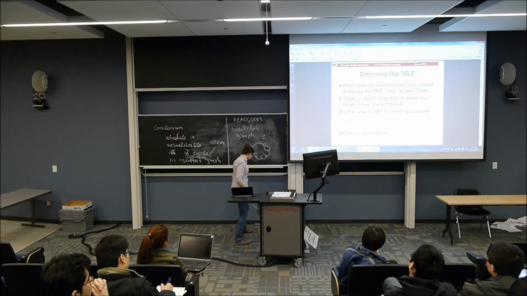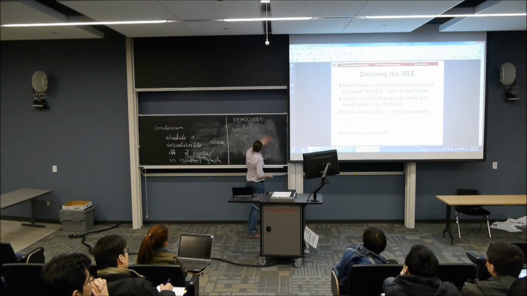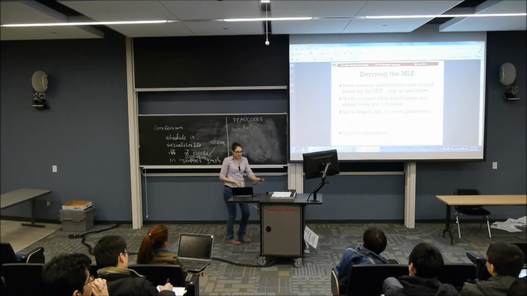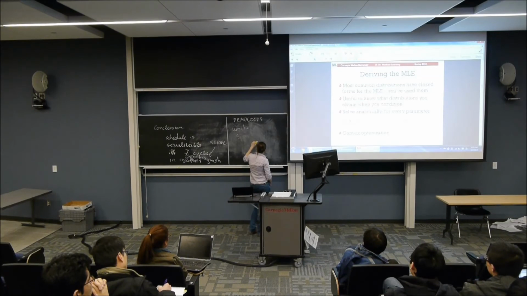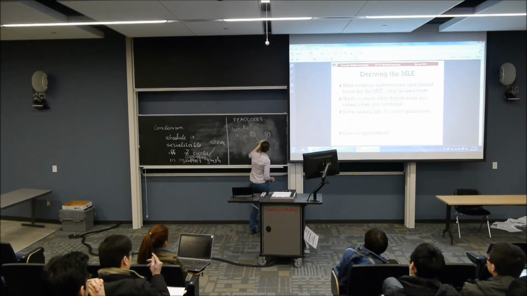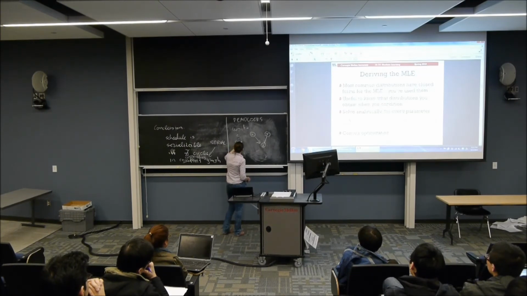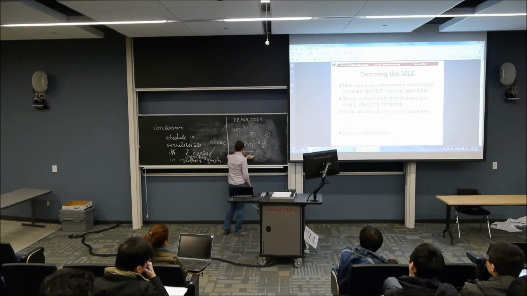When you've got x, y, and z, you're going to have something like the probability of z given different combinations of y and z.